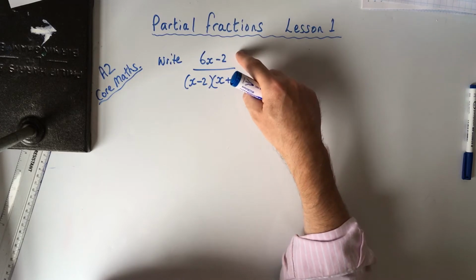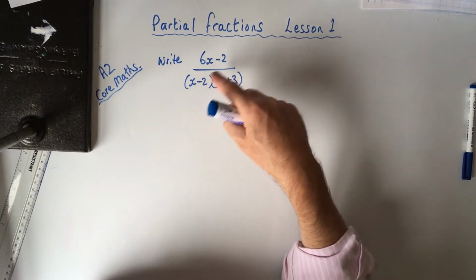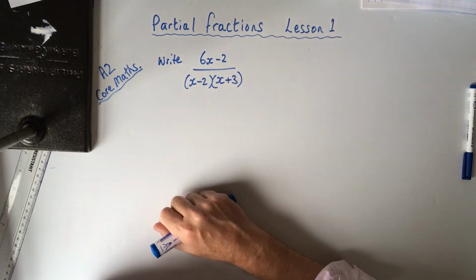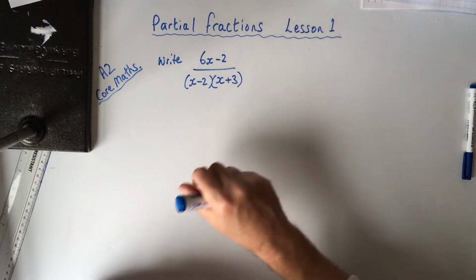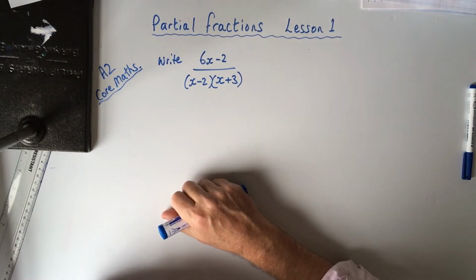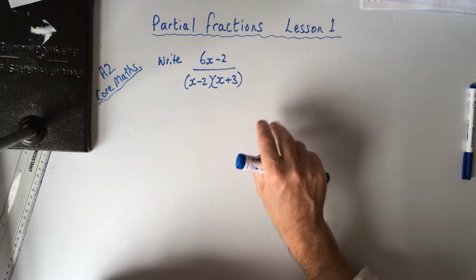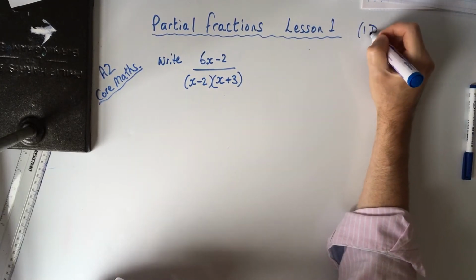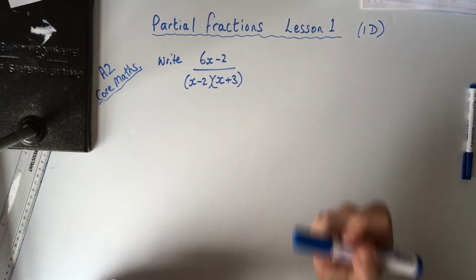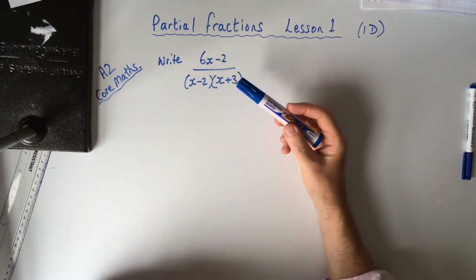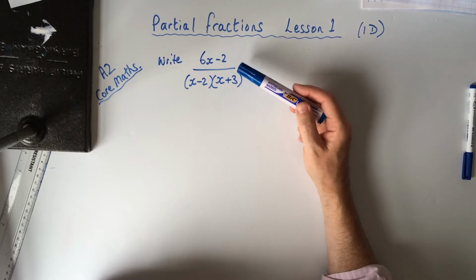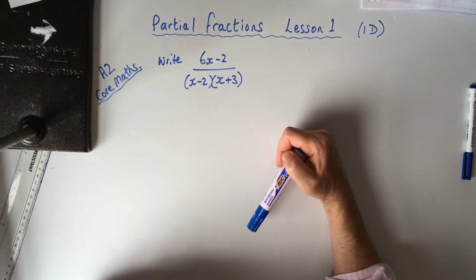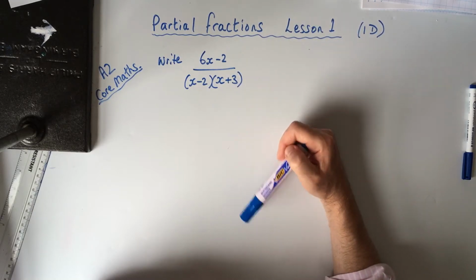So you've got a linear over a quadratic, and a higher power of x means a bigger denominator. All the ones in this first section, and we're going to be doing questions from 1D in chapter 1, will be of this sort, not considered top heavy algebraic fractions. Okay, right.